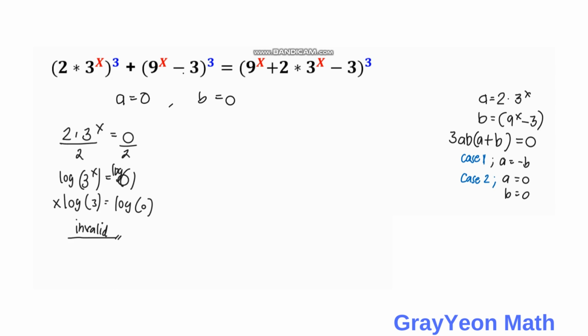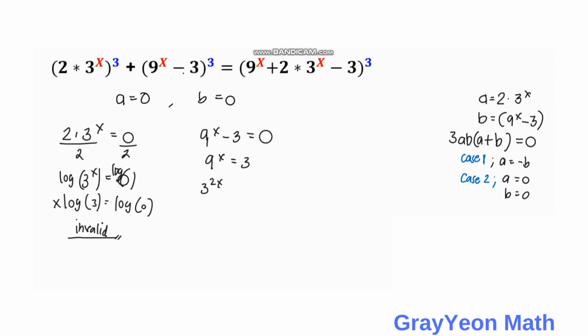But on the other hand, if B is equal to 0, this is 9 raised to x minus 3 is equal to 0. So 9 raised to x is equal to 3. But we can write 9 as 3 squared.